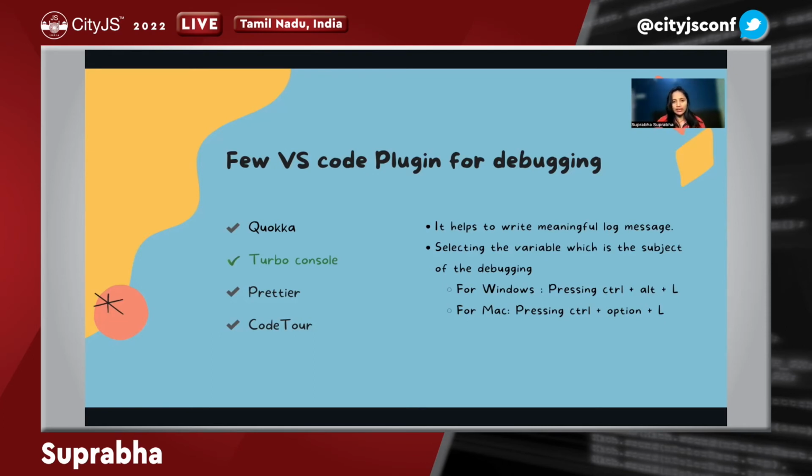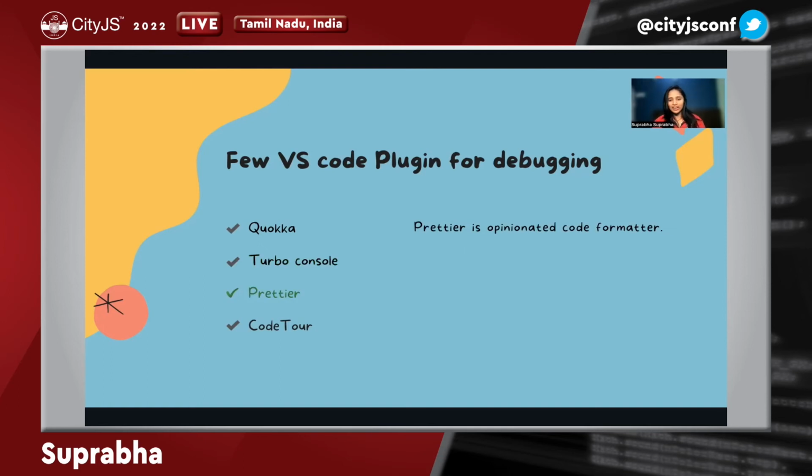So while seeing the value in your console, you'll be able to see for which line the value was printed. That will definitely help you save a lot of time. And instead of adding lots of messages, you can add the property for the console. You don't have to take care of the variable or message. You don't have to think about it.